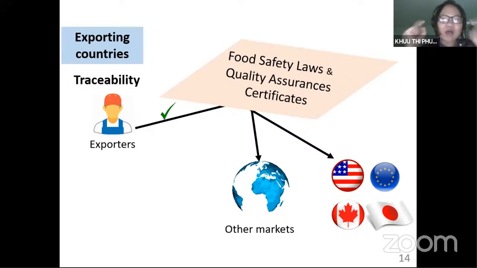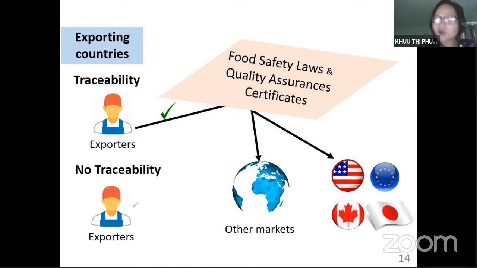Our product has to respond to the food safety laws and the quality assurance certificates. It means that we have to implement both traceability and quality assurance certificates. Otherwise, we have to turn to other markets only. We cannot access high standard markets.